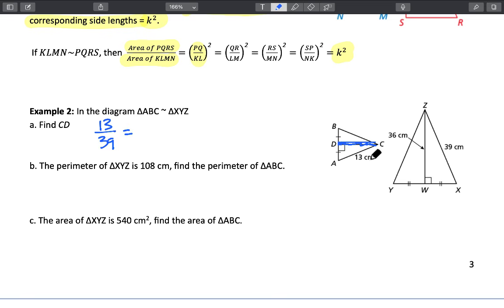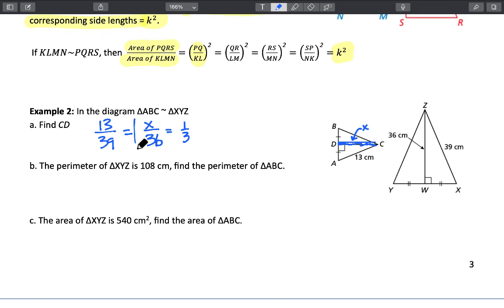We're going to set that equal to the height of this triangle ABC. We're going to call that x. This is what we're trying to find here, which is CD. And divide that by ZW, its corresponding length, 36. All right, now 13 over 39 reduces to 1/3.